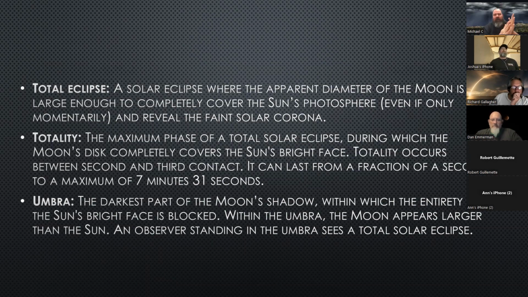It's about 4.5 minutes max if you're right on the path of totality, which is a pretty decent amount of time. They can literally last from a couple seconds up to 7.5 minutes, which is the longest one. And then the umbra is the darkest part of the shadow, which is where we as photographers would like to be.